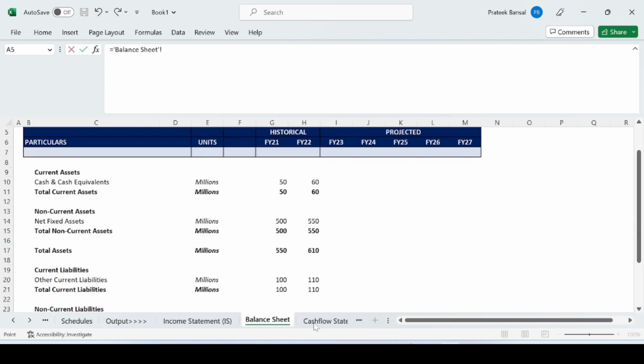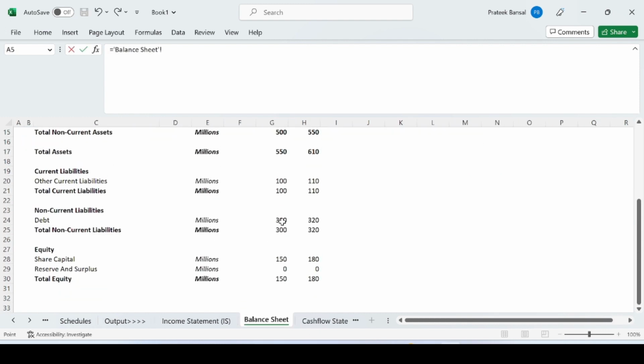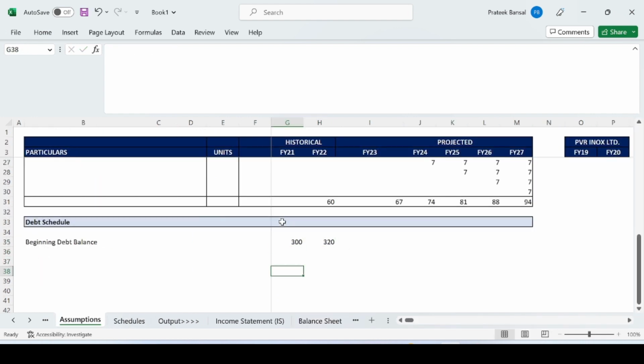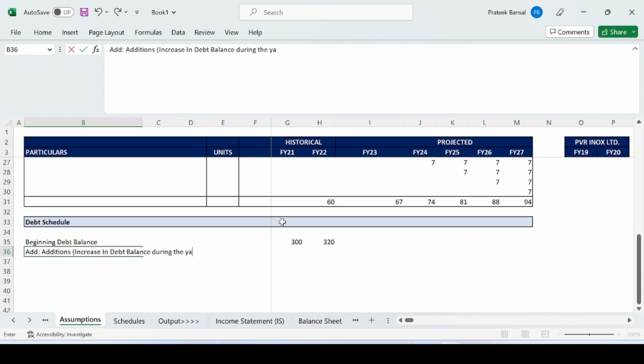We can directly link this debt balance from here, that is 300 and 320. Then additions, or increase in debt balance during the year. Now, if we are talking about additions, how are we going to do that? For fiscal year 22, we know there is an addition of 20.